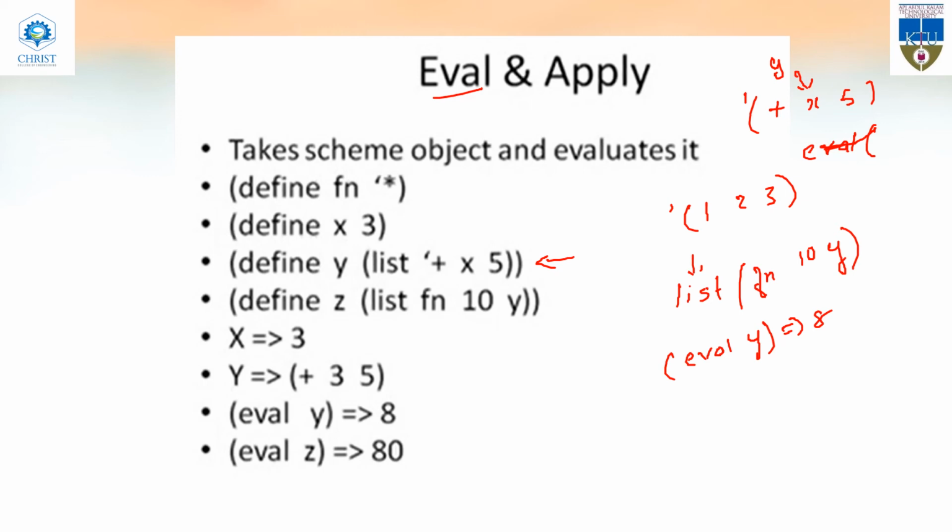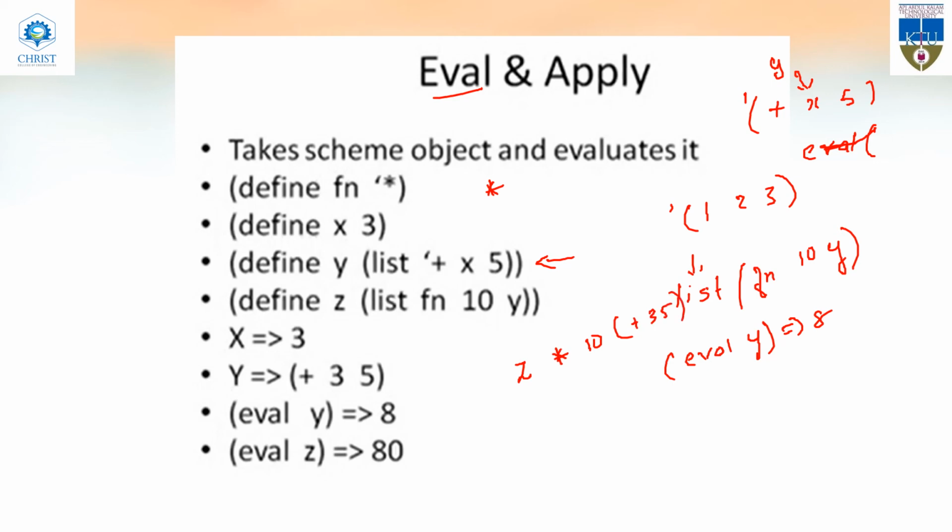Likewise, you can see some more examples here. Here fn is single quote star, which means fn represents star as the operation. So list fn 10 y means z, where fn is star, so star 10, and the value of y is, as you know, plus 3 5.